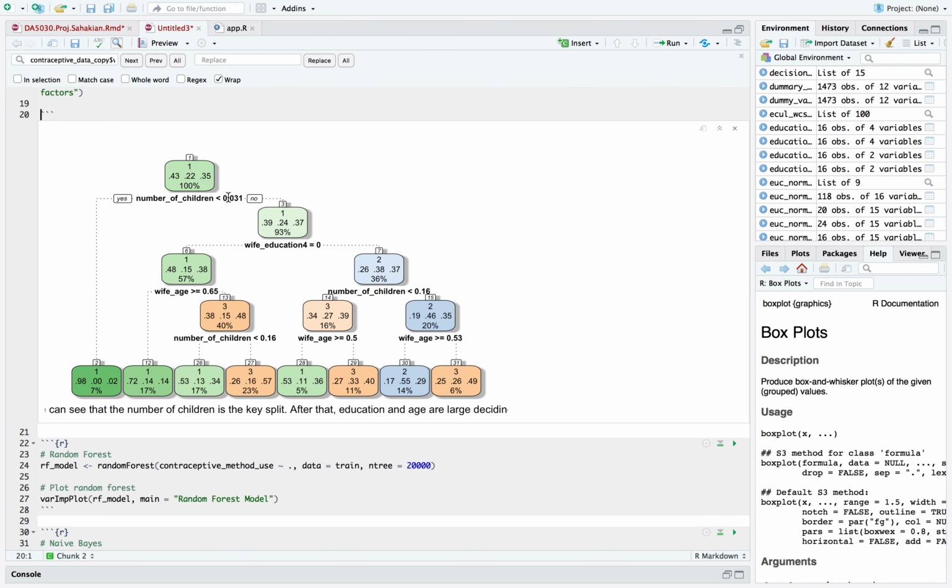And we can see the biggest splits in the data. So the first split is the number of children, then the wife's education, and the wife's age. Just by visually looking at the decision tree model, we can see that these are the three biggest factors that play a role in a woman's decision to make a contraceptive choice.